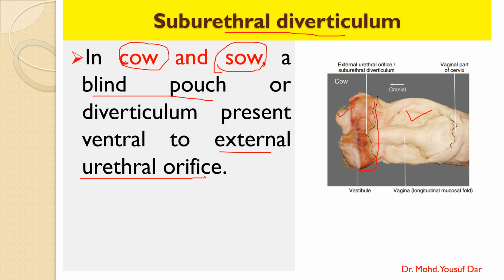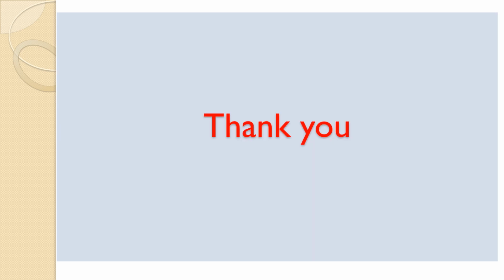At the junction between them, there is the opening of the external urethral orifice here. Just ventral to the external urethral orifice, there is a diverticulum, a pouch from below. This is called the suburethral diverticulum, and this is present only in the cow and sow. Thank you.